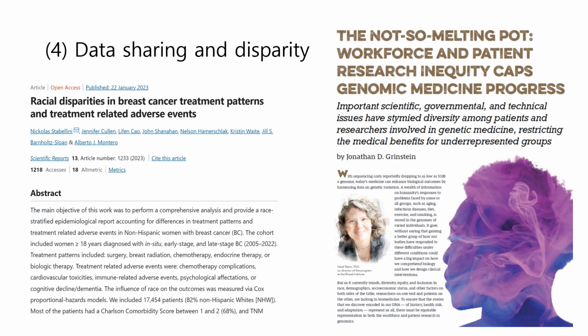The other issues that I realized recently are data sharing and disparity. We collected data for years, but we had a limitation in sharing those data because of standard format and also accessibility, because our study was funded by the government and we don't have enough right to open those data.